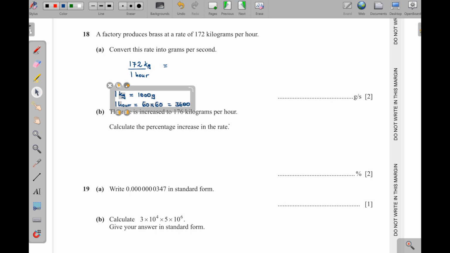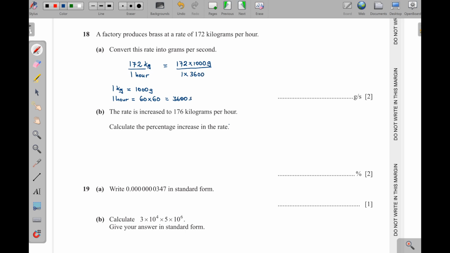Then after this one here, if I'm converting the kilograms to grams, I will multiply. So wherever there is kilograms, I'll put 1,000 grams. You see that? And then wherever there is an hour, I'll put 3,600 seconds.